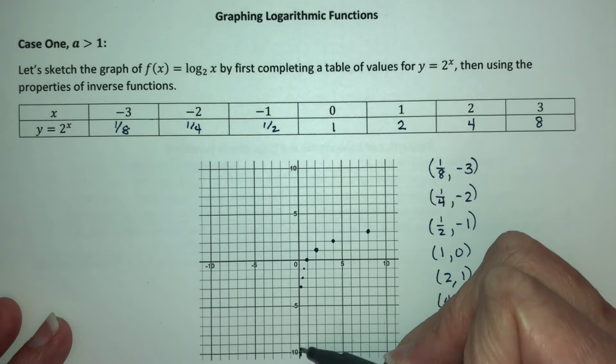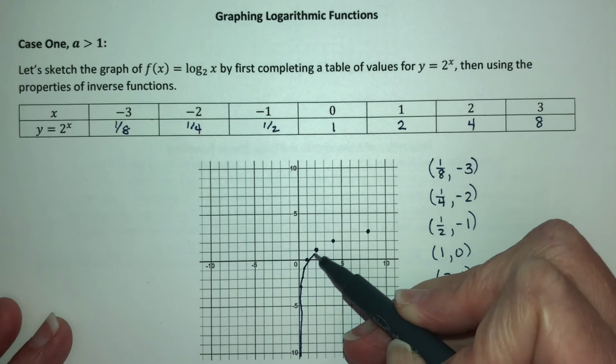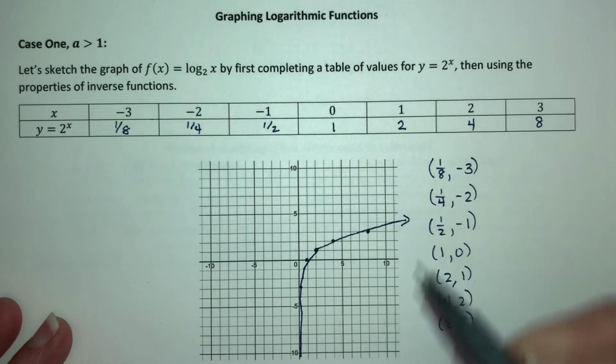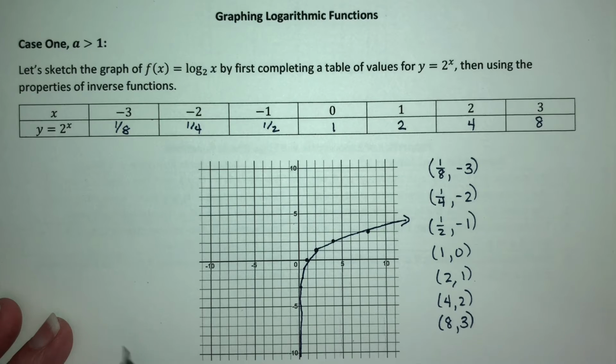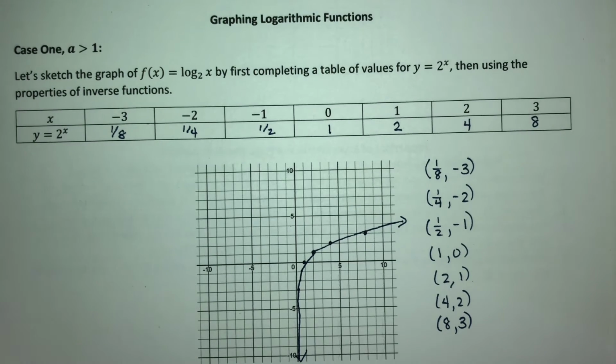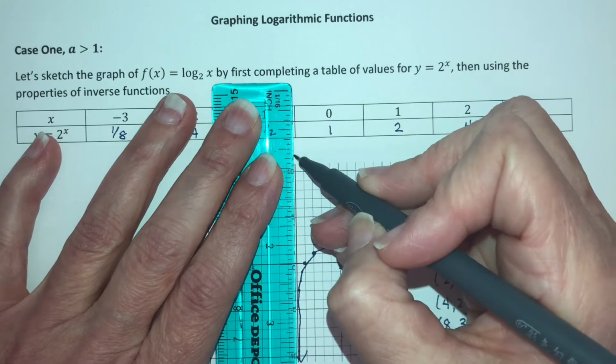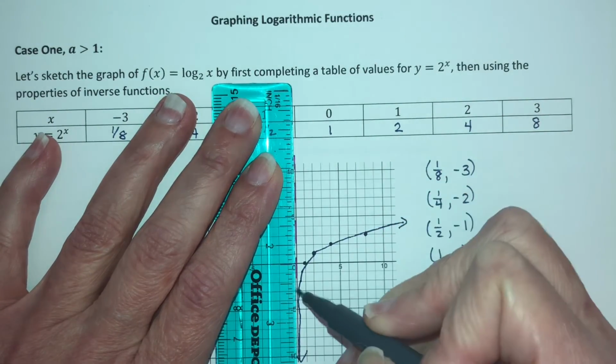We end up with a graph that looks like this. Okay? And our exponential had a horizontal asymptote of our x-axis. And in the spirit of switching your x's and your y's, the logarithmic function is going to have a vertical asymptote on the y-axis.